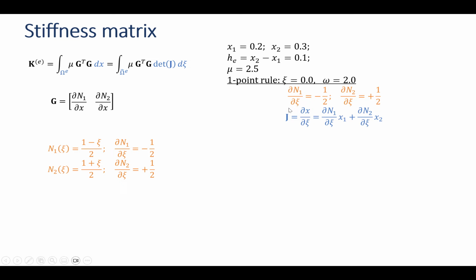Okay, and then we calculate the Jacobian. Jacobian is dx by dxi. That is, we multiply the derivatives with respect to the local coordinate xi with the corresponding nodal coordinate and sum them.